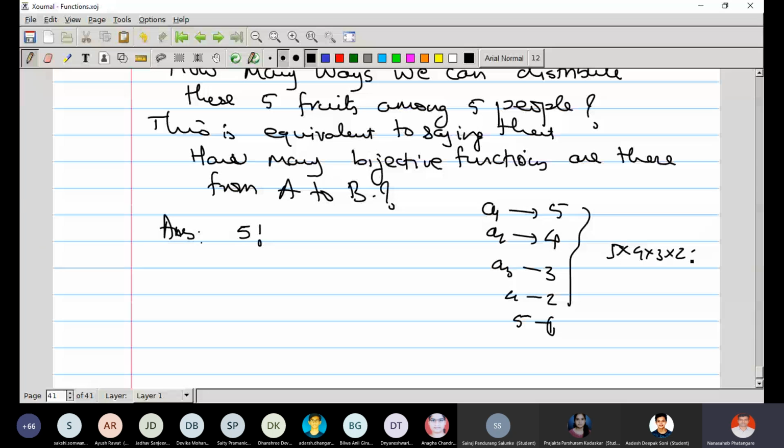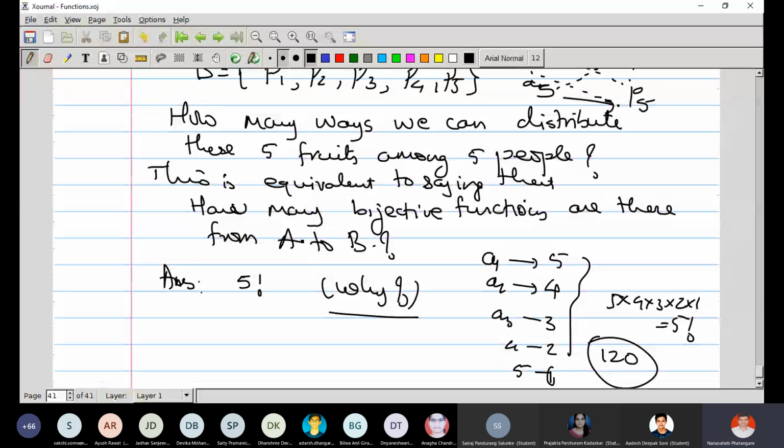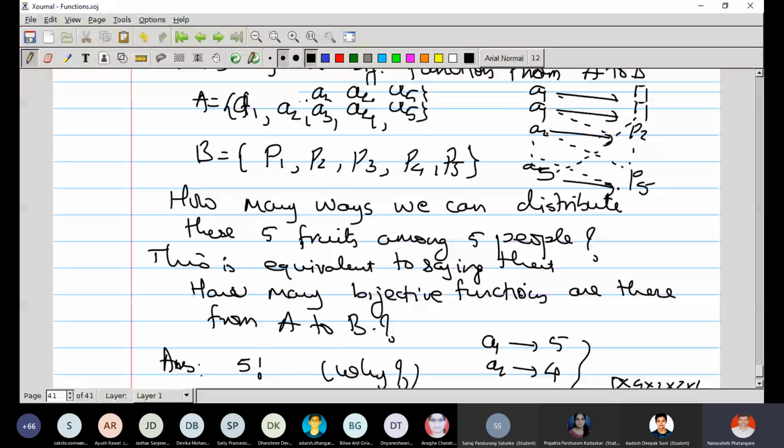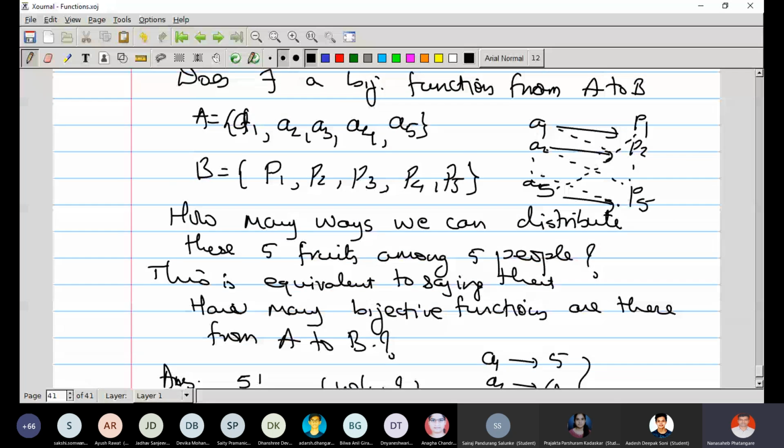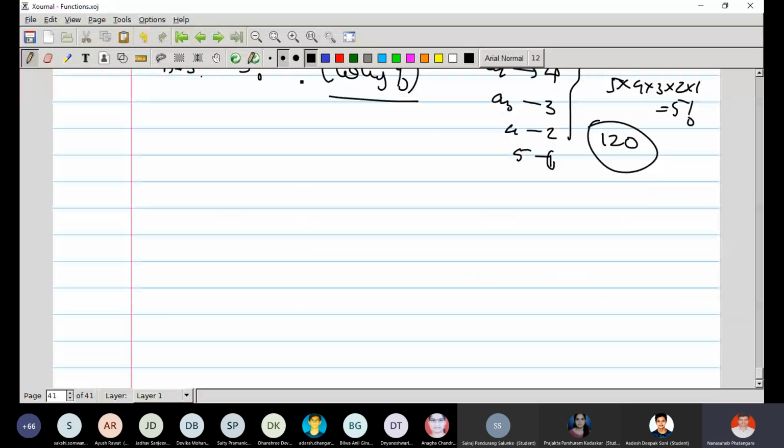That means 120 ways I can distribute 5 fruits among 5 people. You should spend some time thinking about such questions. So how many bijective functions? That is an important point for us at this moment.